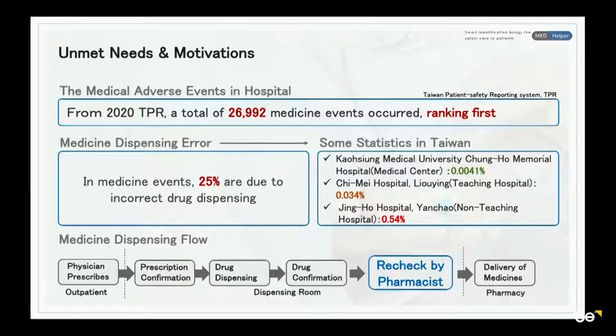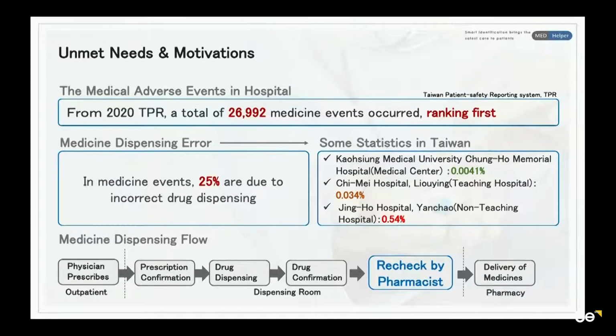In Taiwan, for example, in Kaohsiung Medical University Zhonghe Memorial Hospital, which is a medical center, the occurrence rate of drug dispensation errors is 0.0041%. In Liuying Qimei Hospital, which is a teaching hospital, the occurrence rate of drug dispensation errors is 0.034%.